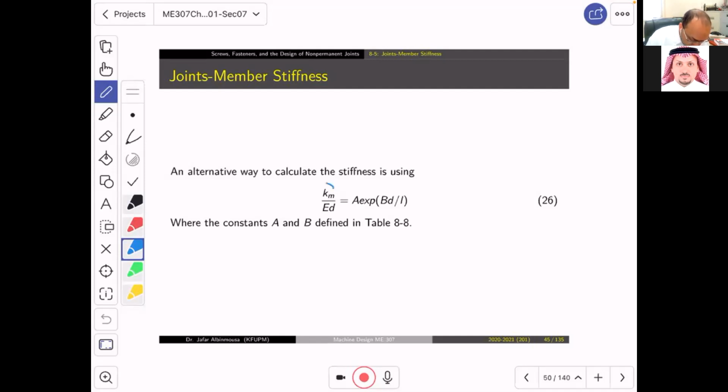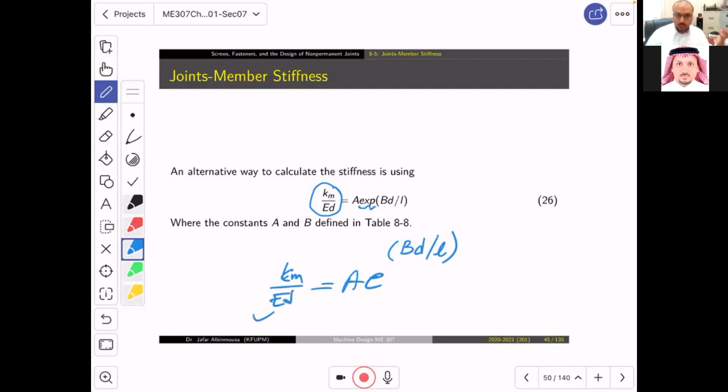It says that Km over ED, the modulus of elasticity times the diameter of the bolt, equals A, and this one is the exponential, it's like A E to the power BD over L. So this is the equation, Km over ED.